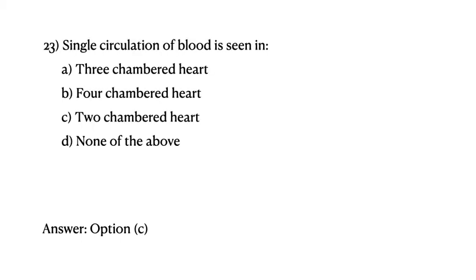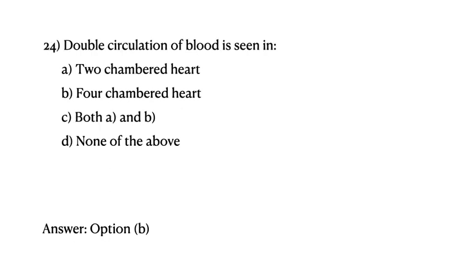Question number 23. Single circulation of blood is seen in option A, 3-chambered heart, option B, 4-chambered heart, option C, 2-chambered heart, option D, none of the above. Now children, single circulation of blood is seen in 2-chambered heart. So here option C is the correct answer. Question number 24.